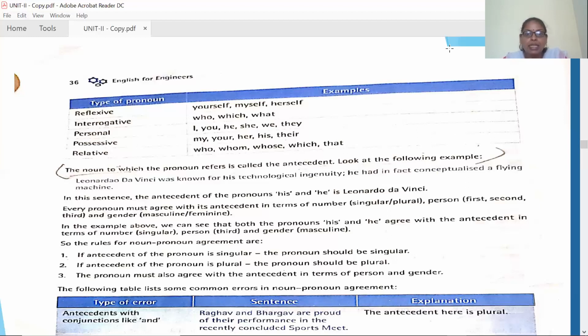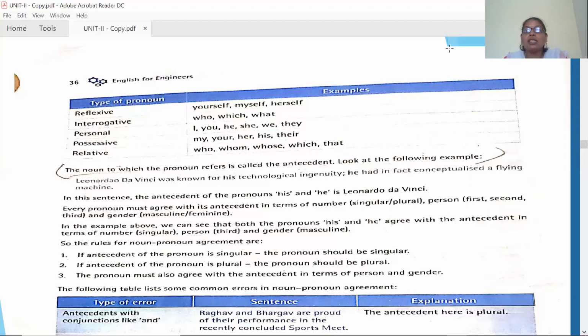If the pronoun is singular, the antecedent should be singular. If the pronoun is plural, the antecedent should be plural. If the pronoun is first person, the antecedent should be first person. Every pronoun must agree with its antecedent in terms of number, person, and gender.